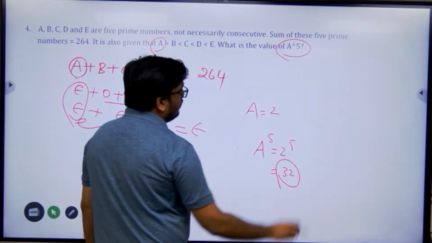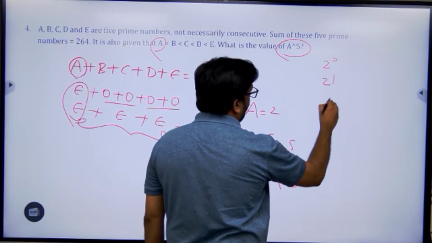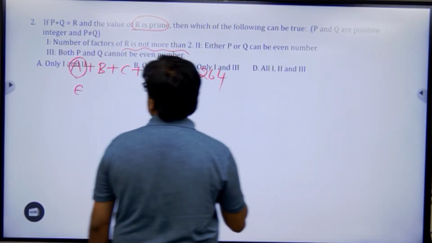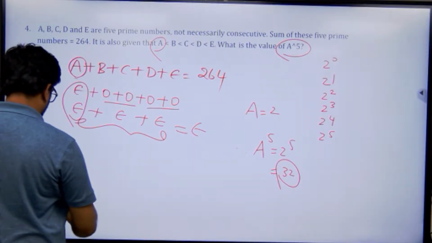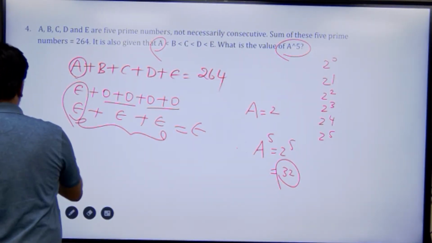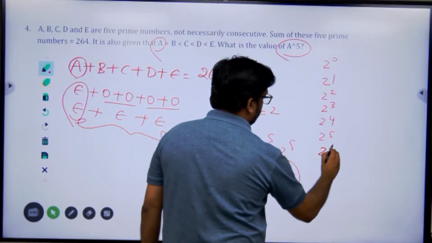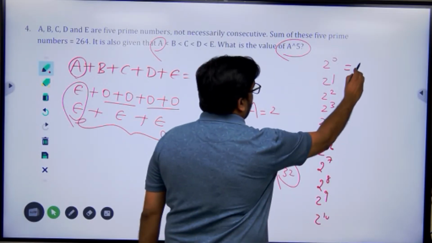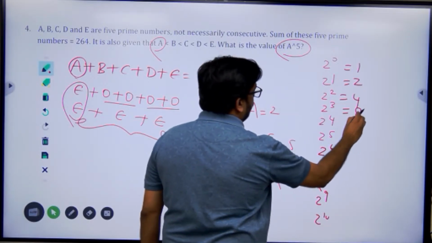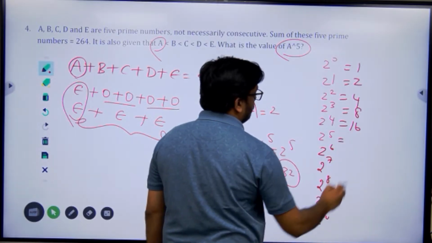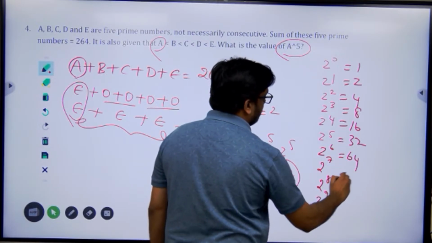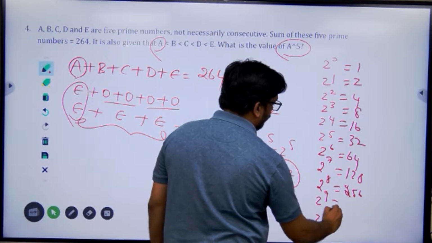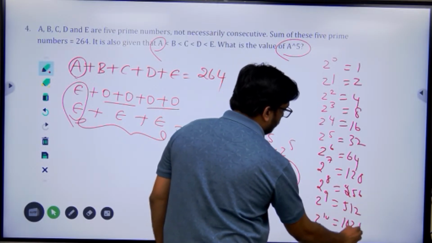That is 32. You should remember these basics: 2 power 0 is 1, 2 power 1 is 2, 2 square is 4, 2 cube is 8, 2 power 4 is 16, 2 power 5 is 32, 2 power 6 is 64, 2 power 7 is 128, 2 power 8 is 256, 2 power 9 is 512, 2 power 10 is 1024.